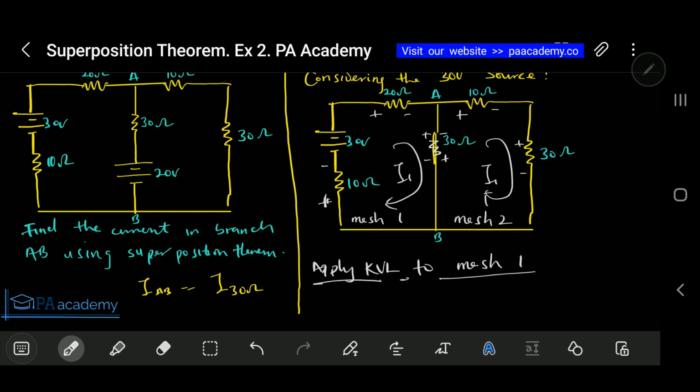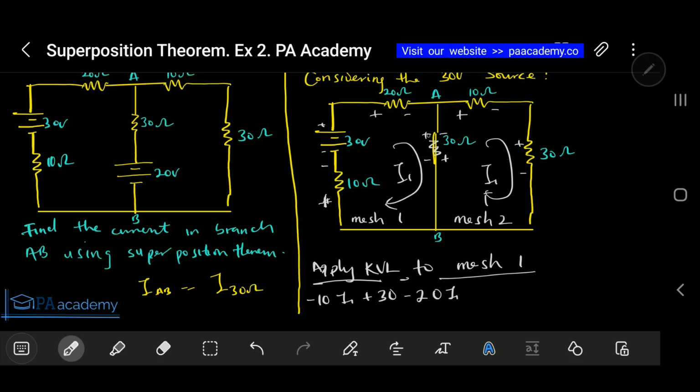In doing that, from positive to negative due to current I1, that will be minus 10 I1. Then the 30, this is our plus, this is our minus. Remember that the polarity for the voltage source is constant: the longer side is positive, the shorter side is negative. So from negative to positive, that will be plus 30. Coming over here, plus to negative due to I1, that will be minus 20 I1.